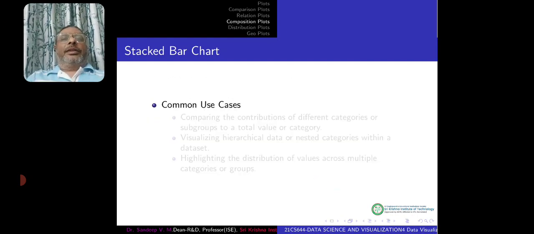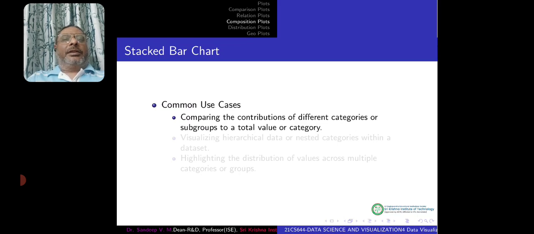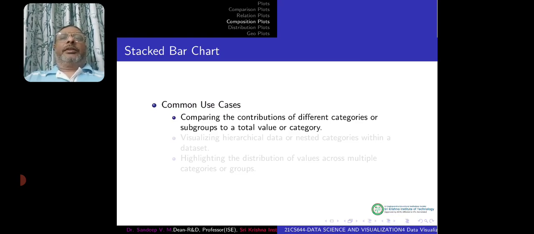The common use cases for a stacked bar chart are comparing the contribution of different categories or subgroups to the total value or category. So when you are trying to understand the contribution of each category to the total, then it is better to use a stacked chart.